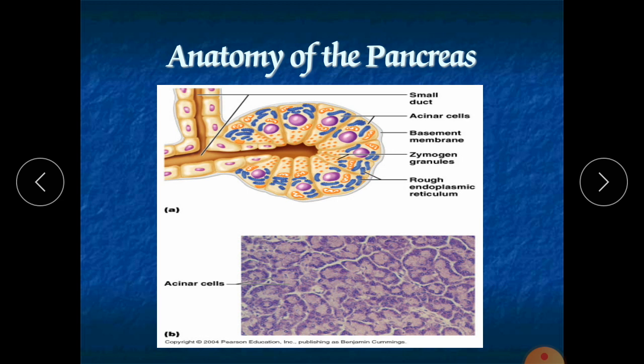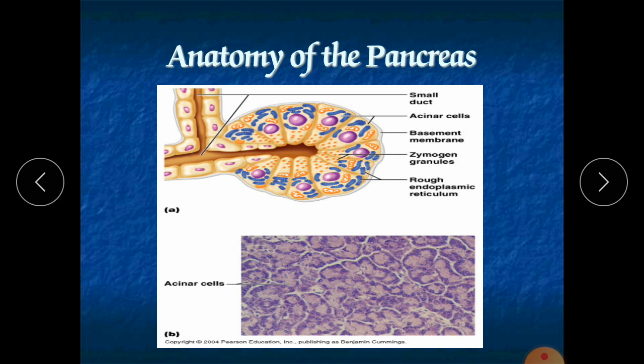Pancreatic polypeptide is responsible for the secretion of several enzymes in the pancreas. It also controls the secretion of HCl in the stomach, and it is also responsible for controlling the pH of the pancreas.